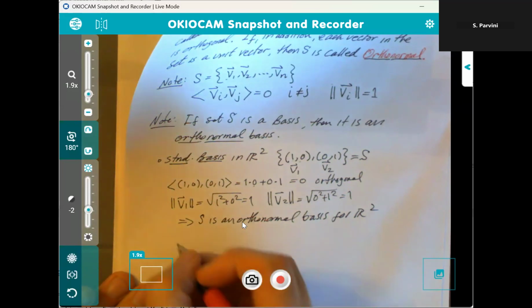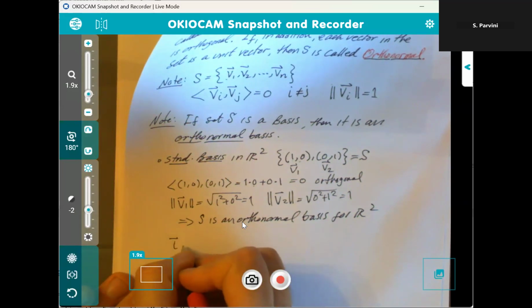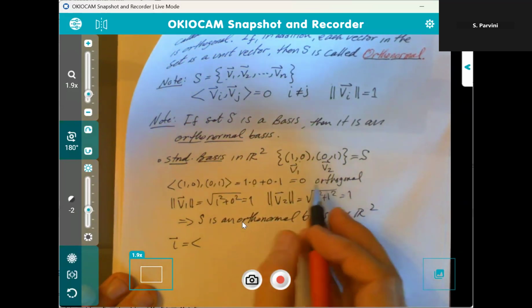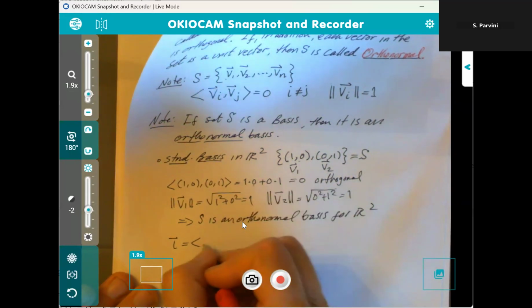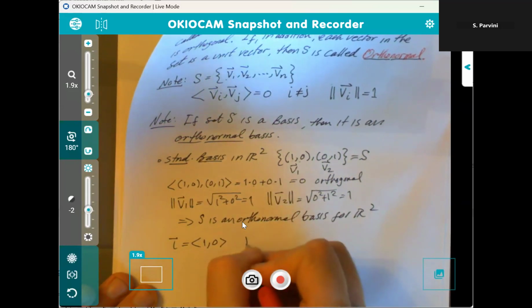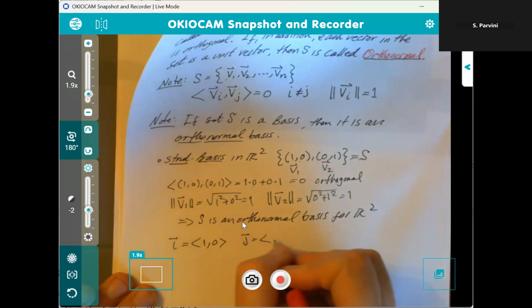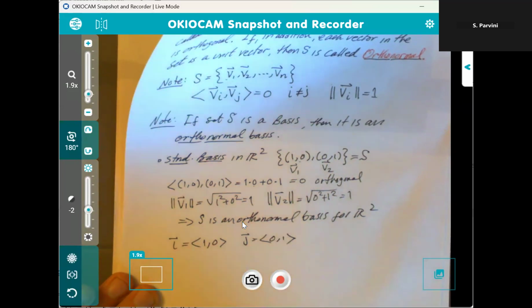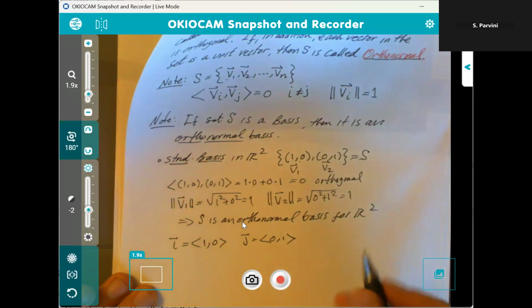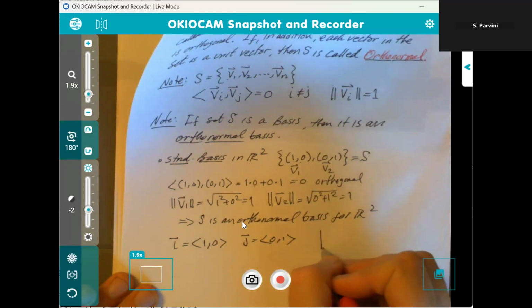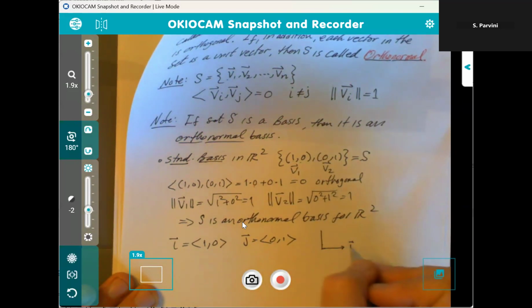Now these vectors, I'm sure you've seen them in another form also. Remember, the first one is the i vector, which is 1, 0. The second one is the j vector, 0, 1. So the i, j in 2 dimensions, and you've seen the graph of these, right?